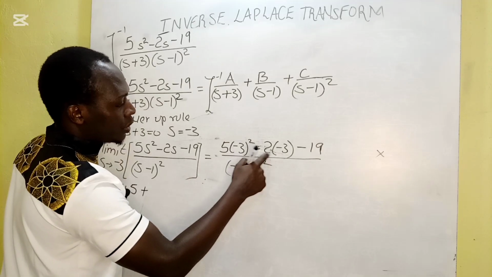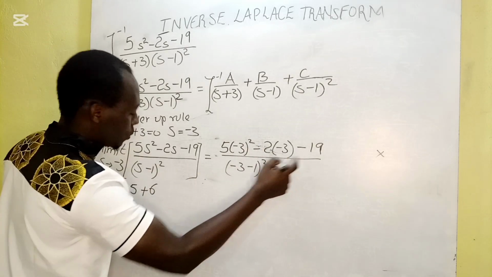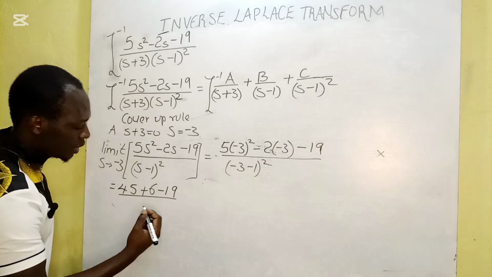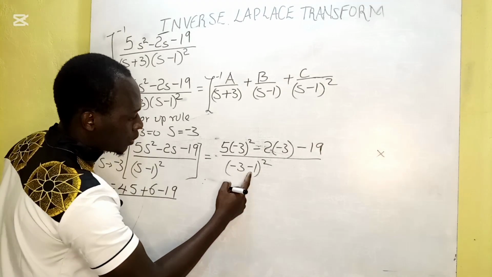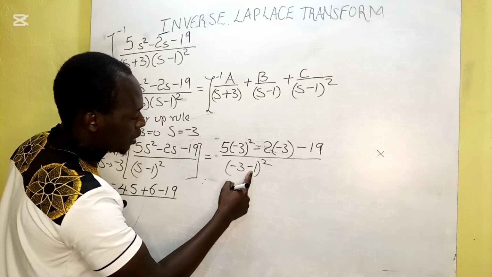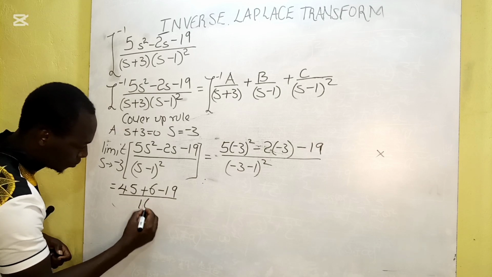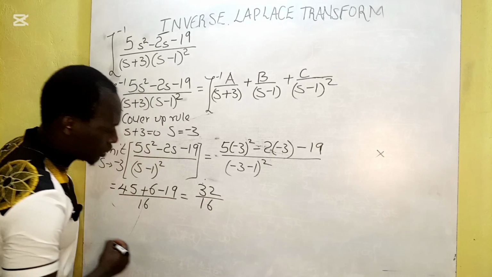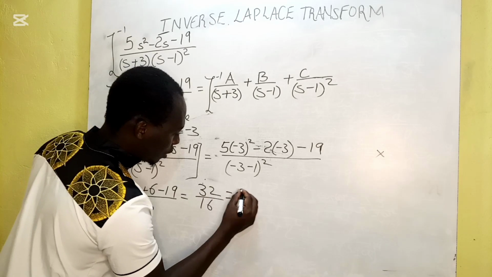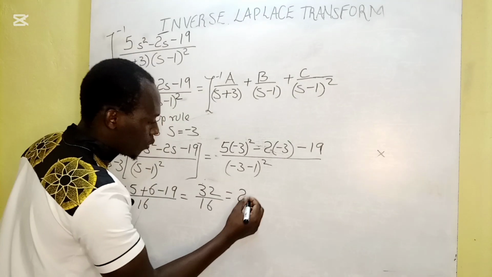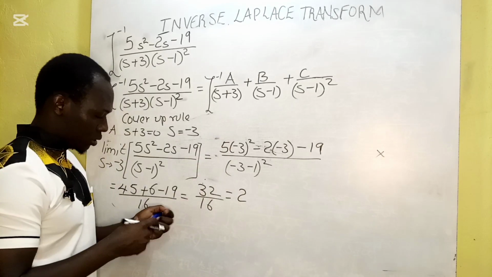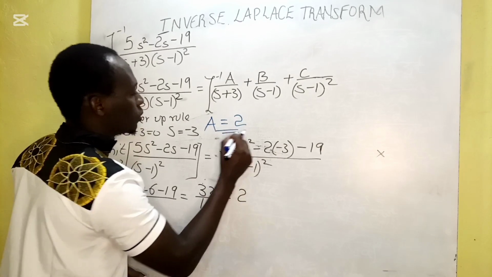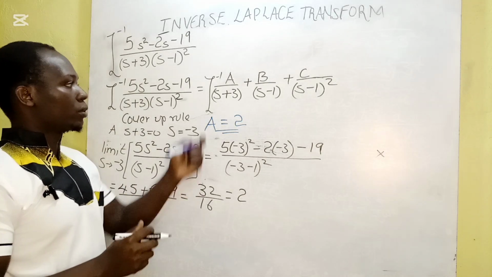We add a positive 6, subtract 19, all over a negative 4, sorry, negative 4 squared, which is a positive 16. In our numerator we have 32 all over 16. 16 goes into 32 two times, meaning that our value of A is equal to 2. That is how we use the cover-up rule to get the value of A.